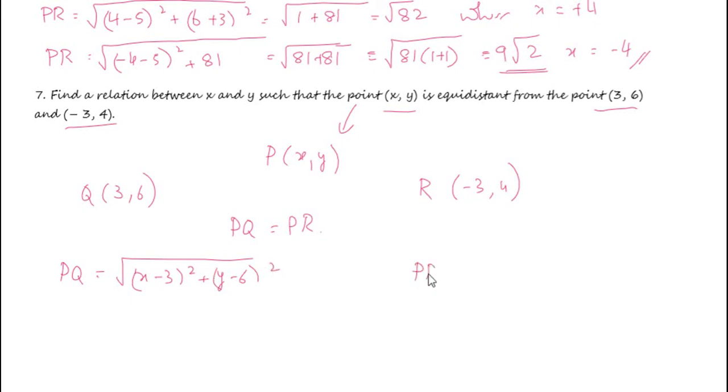PR equal to square root of (x plus 3) whole square plus (y minus 4) whole square. Now we need to equate these two.